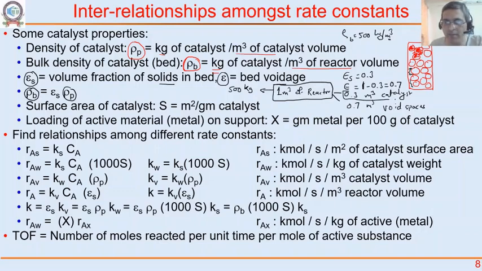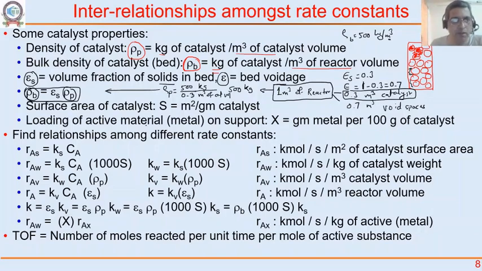It's only 0.3 meter cube of the catalyst. So what is the particle density, the density of the catalyst? It would be 500 kgs divided by 0.3 meter cube of catalyst volume. Right? Is that okay? So what this means is that rho b and rho p are related by the solid fraction. So rho b divided by epsilon s would be rho p, or rho p multiplied by the solid fraction epsilon s would be the bulk density of the catalyst.